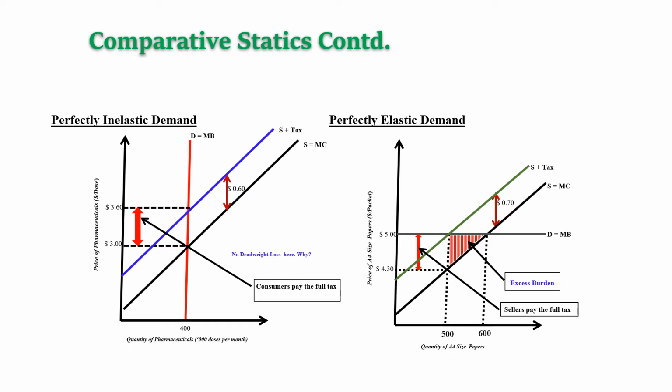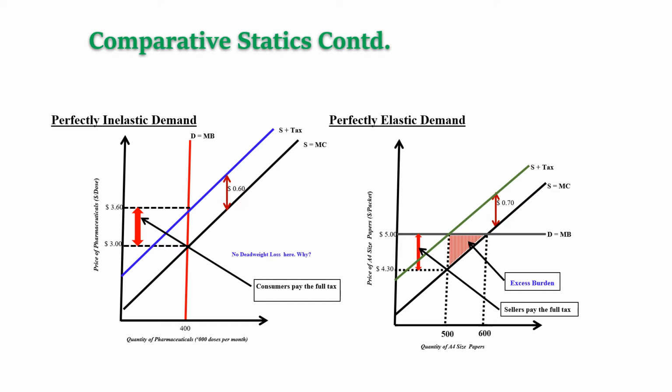Now let's look at the diagram on the right. The demand curve is horizontal. That means demand is perfectly elastic. Because demand is perfectly elastic, an increase in tax here will lead to what?